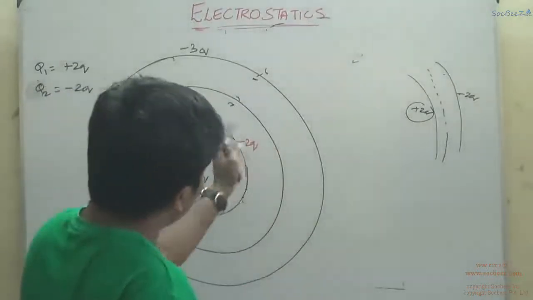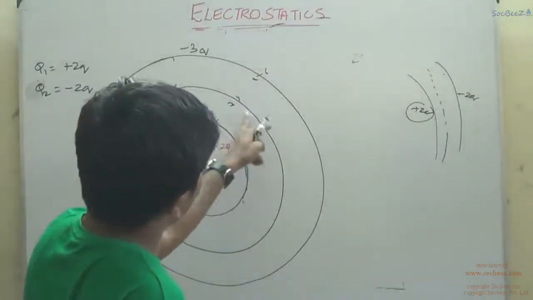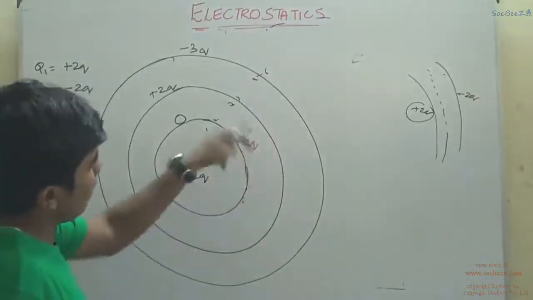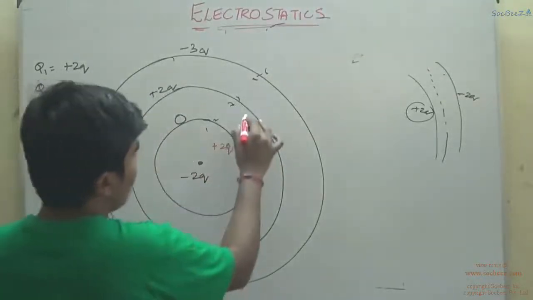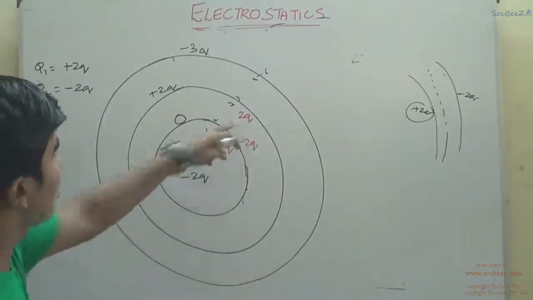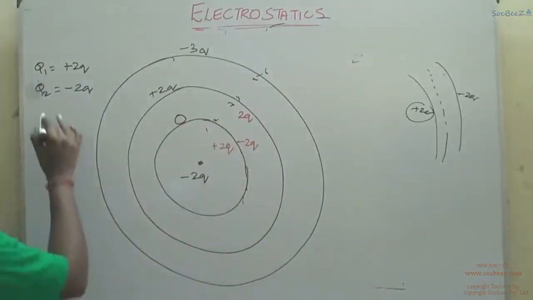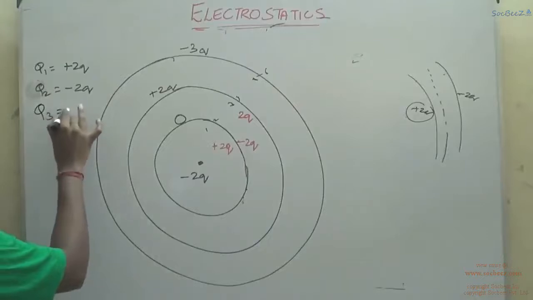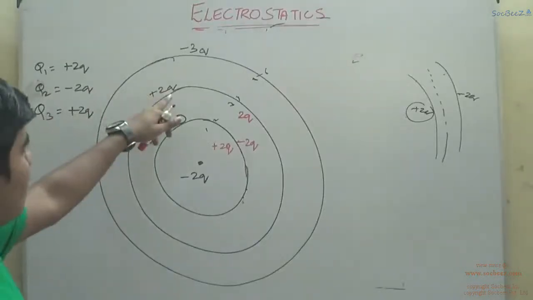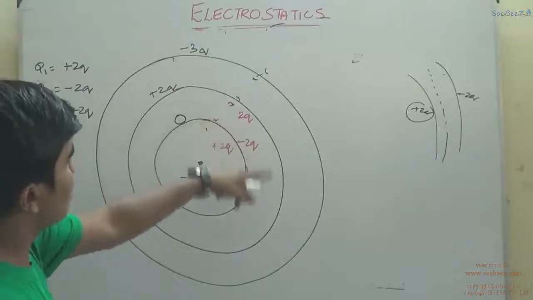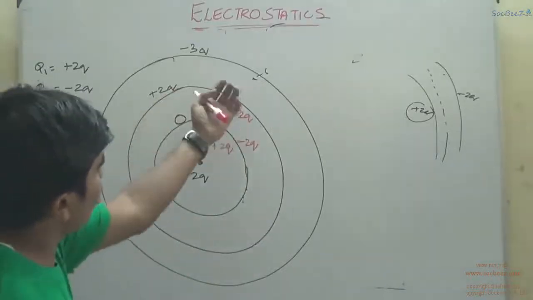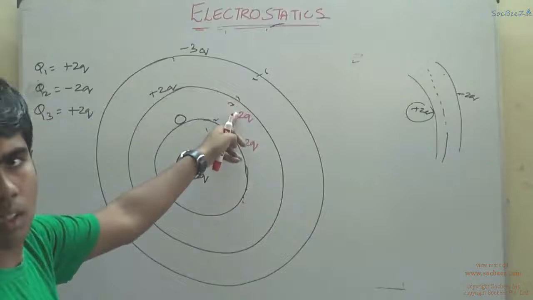Now, this face has minus 2q, so the exactly opposite face to it should have the same magnitude of charge with the opposite sign. So the third surface would have plus 2q, and now apply the conservation thing. The conductor as a whole has plus 2q charge, and the whole of the 2q charge comes to the third surface.